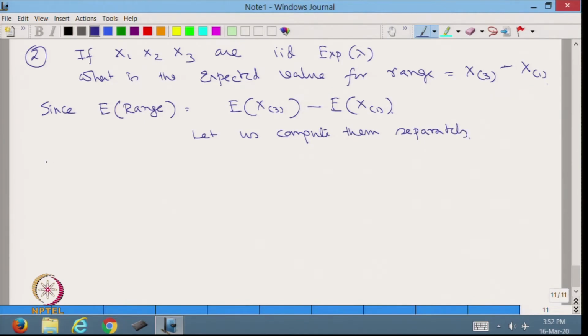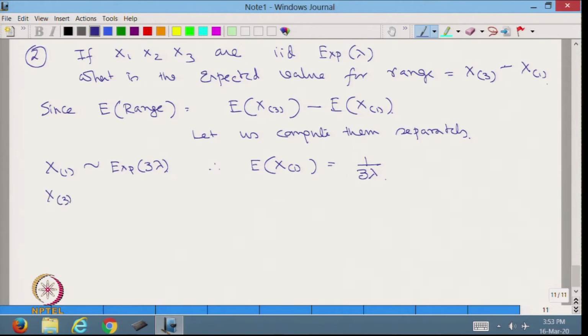Now, X1 follows exponential with 3 lambda, that we have seen. Therefore, expected value of X1 is equal to 1 upon 3 lambda.